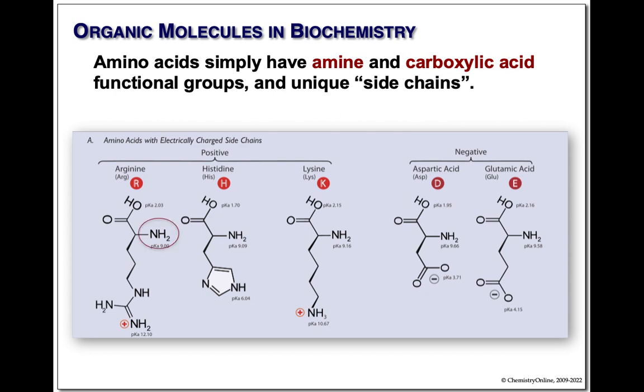There's the amine, here's the carboxylic acid, and it'll have a side chain. There are 20 different side chains in amino acids. These 3 are positives, these 2 are negative. Here it is. Everything after the amino group is a side chain.